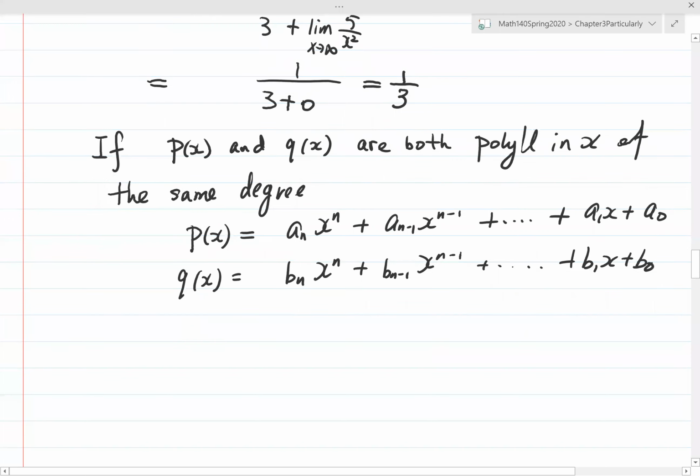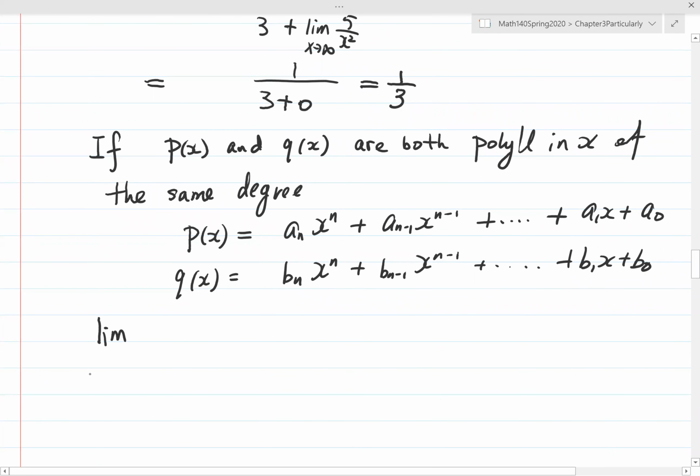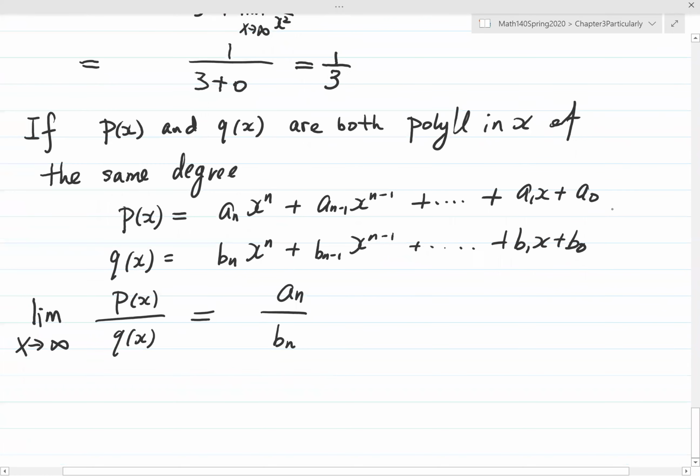Then the limit as x approaches infinity of p(x) over q(x) will be equal to the ratio of the highest coefficients, a_n over b_n. Here we assume a_n and b_n are non-zero.